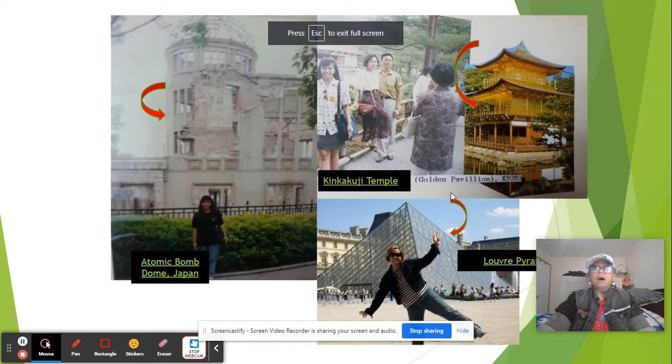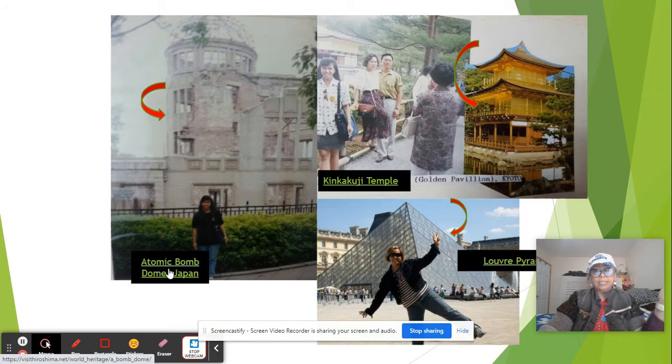Now, other examples, as was mentioned earlier, would be buildings, right? So here we have the Atomic Bomb Dome in Japan. I was fortunate to be part of the ASEAN Japan exchange program before. I got to stay with my foster parents in Japan, and I got to teach grade 7 students and elementary students or even high school. It is a mandatory field trip to visit the epicenter of the atomic bombing in Hiroshima.